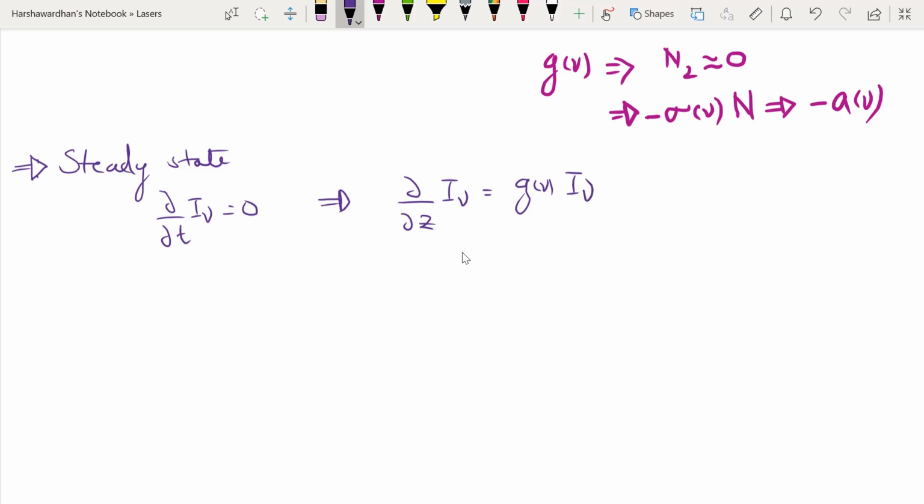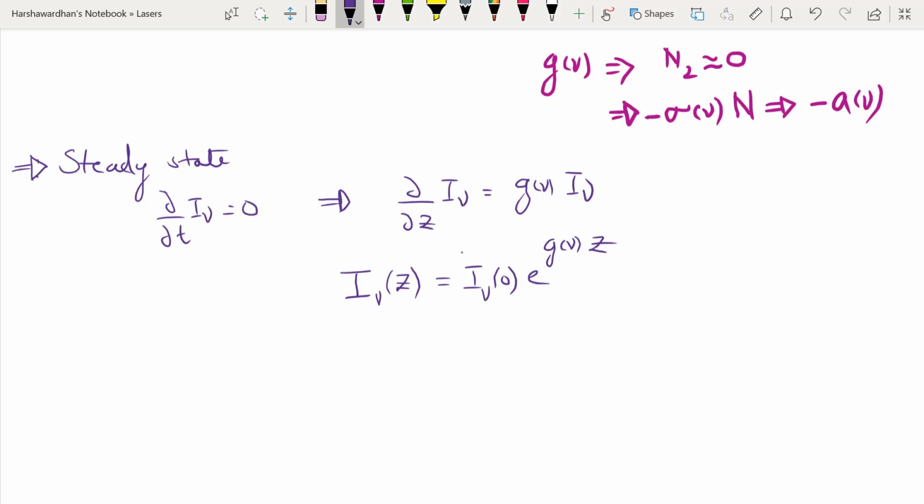Clearly, I can write down the solution for such an equation, and what I would get is I_ν at z is going to be I_ν at 0 times exponential of g(ν) times z, right?